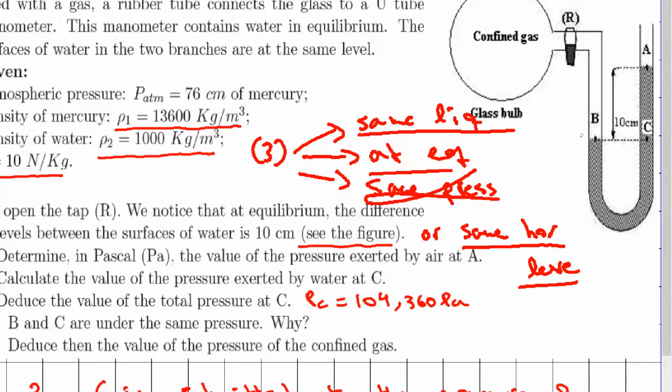Indeed, this experiment is being performed at equilibrium. They are in the same horizontal level as this dotted line indicates, and they are in the same liquid, which is given by water. So this shaded liquid is water.